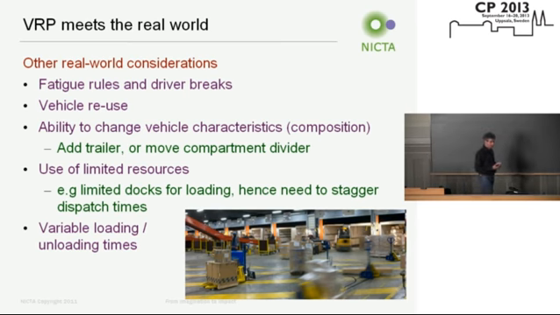Vehicle reuse, where you have a vehicle and you send it out on one tour, it comes back and refills and goes out again. The classic VRP can't handle that.